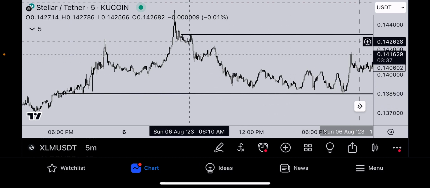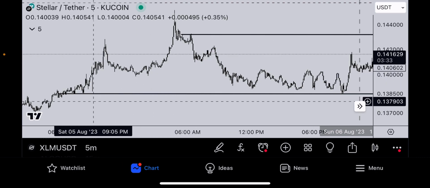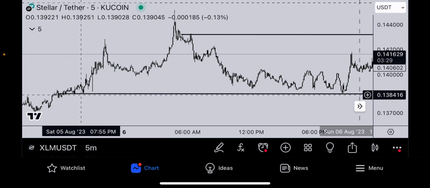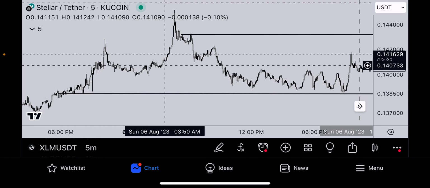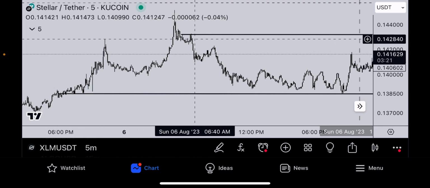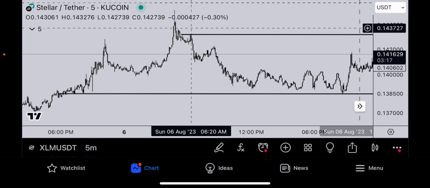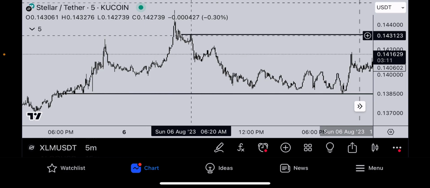Now, why would there be a pool of liquidity at these equal highs and equal lows? Well, that's because that is where people are likely to put their stop losses, because they view that as support or resistance. So retail, you and me, most traders are going to see that, and they're going to say, okay, that's a level of resistance.